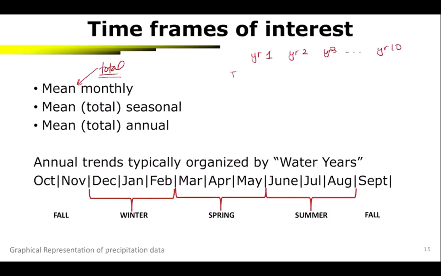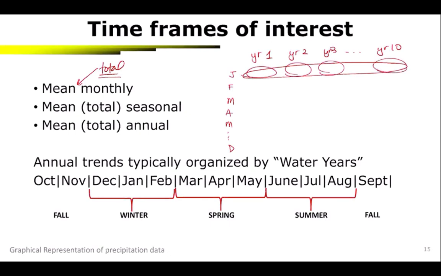And then you have a January, a February, a March, an April, a May, and so forth to December. What you're going to do is grab all of your January dates in year 1, year 2, year 3, and so on to year 10.